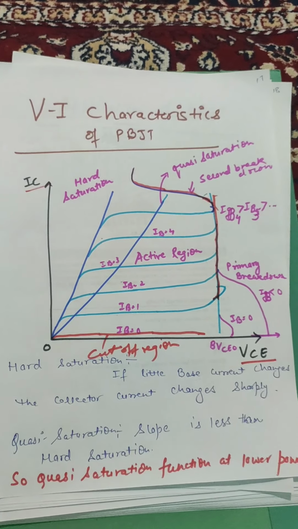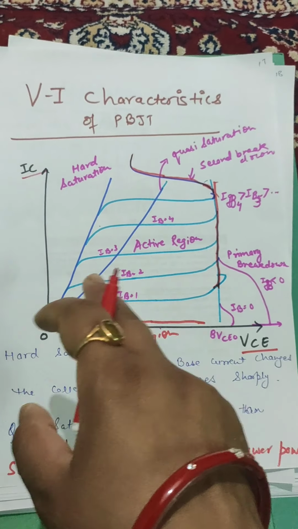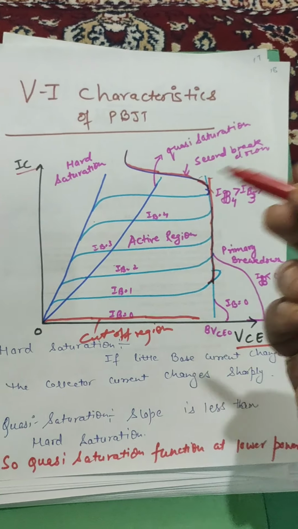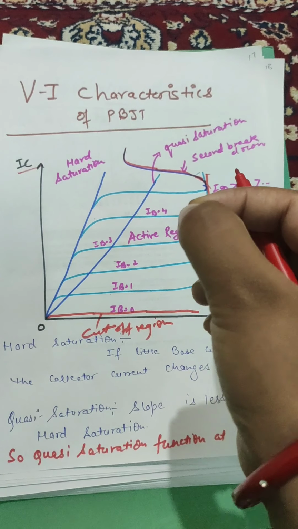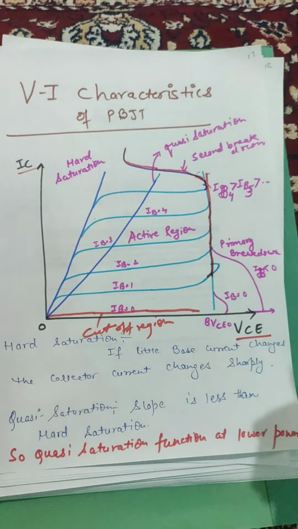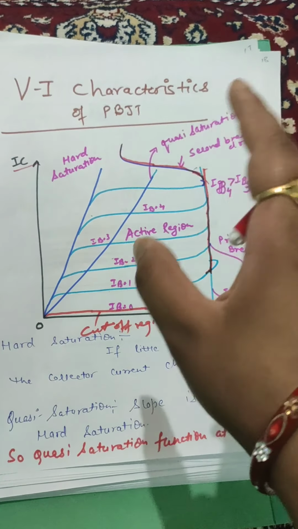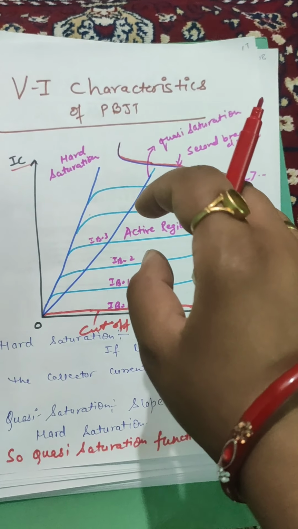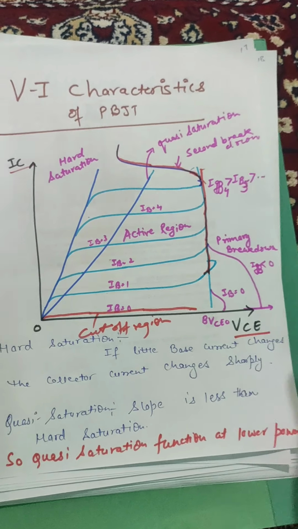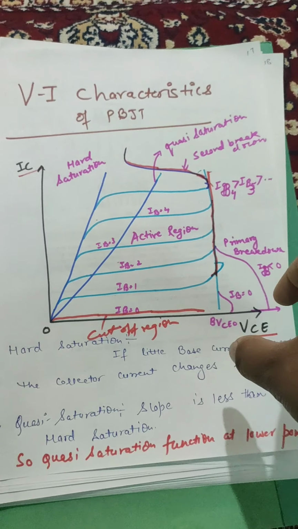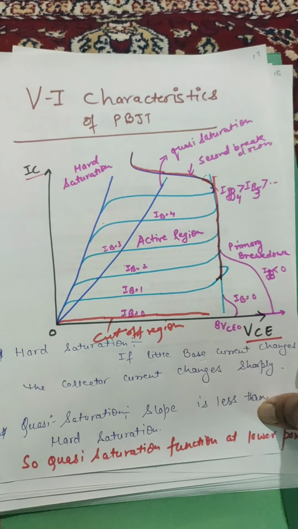It is just like a normal BJT, but the basic difference is about saturation. The hard saturation region is when a small change in base current causes a sudden change in collector current. Quasi saturation works at lower power. This is the VI characteristics of power BJT.